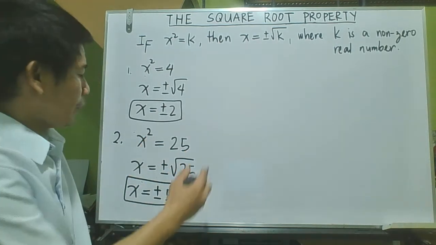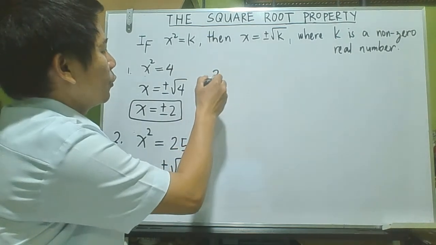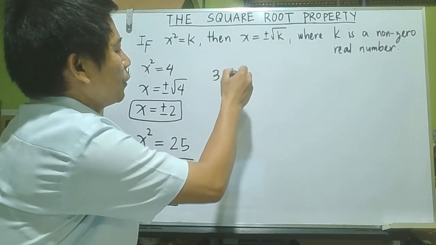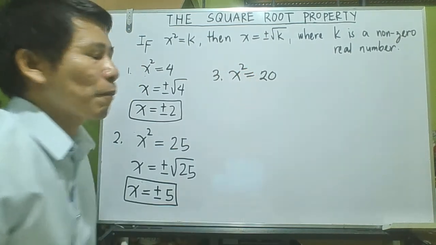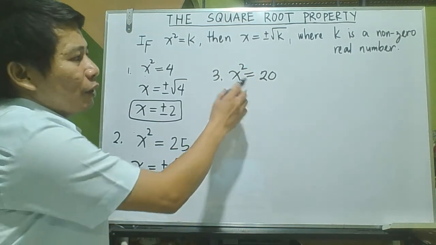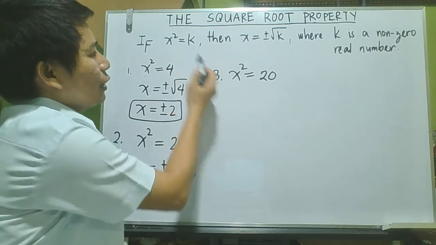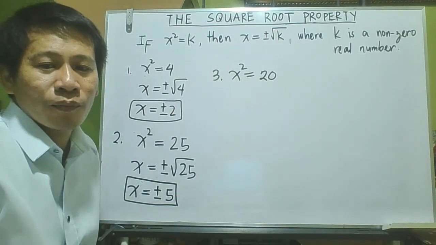How about if we have this example? Suppose we have here x squared is equal to 20. In this equation, our k is 20.